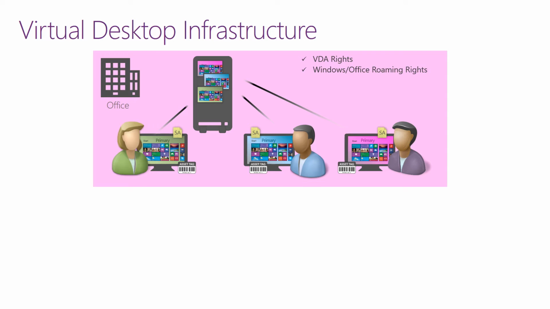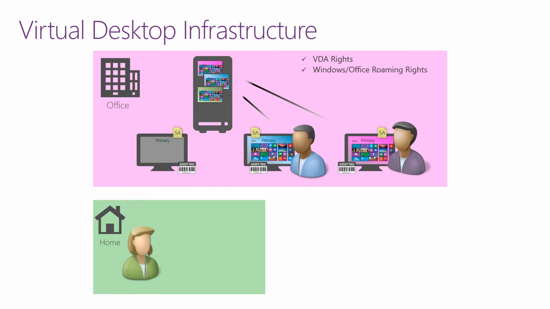I've just put the word primary on there to indicate that the users are the primary users of these devices, and this is going to be important as we go through. As we've seen before, as our users go home, because they're using devices that are outside the corporate premises and are owned by them, the software assurance on that device at the top there covers that as well, and that's called roaming rights.